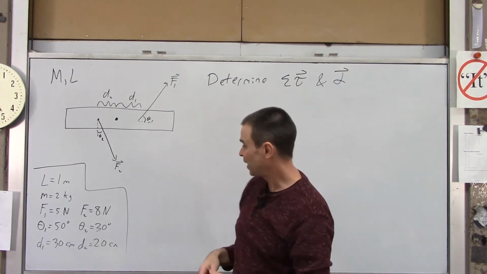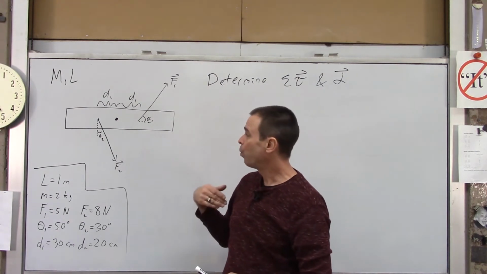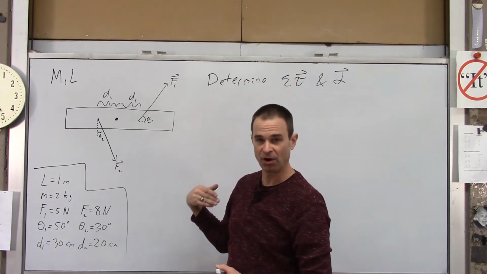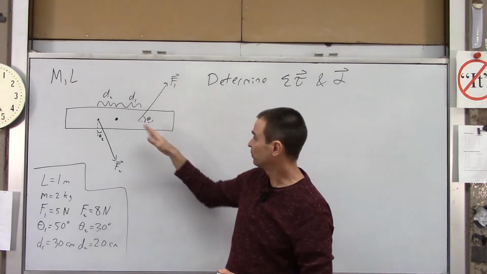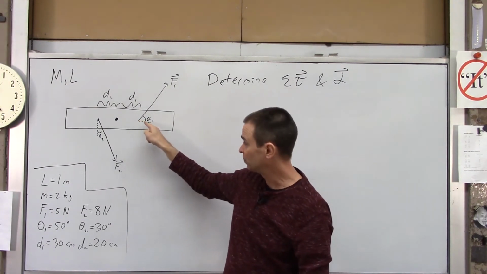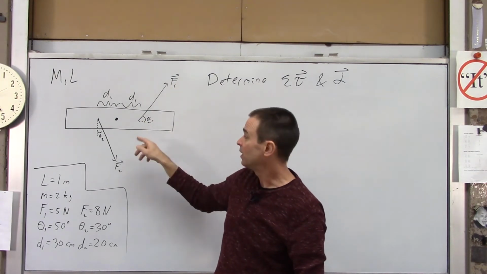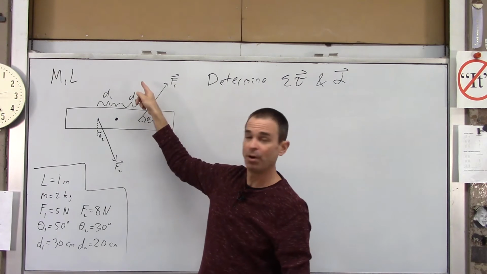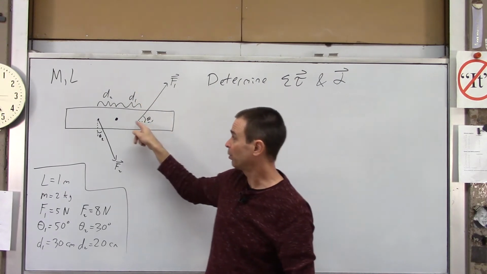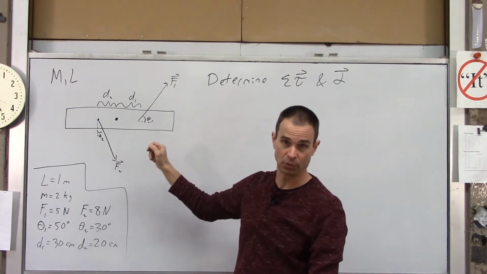Now, before you do that, one thing you need to figure out is what part of the force actually causes torque. In other words, for F1, it's got a component of force that points to the right and a component of force that points up. Only the upward component, the part that's perpendicular to the rod, is going to cause a torque.